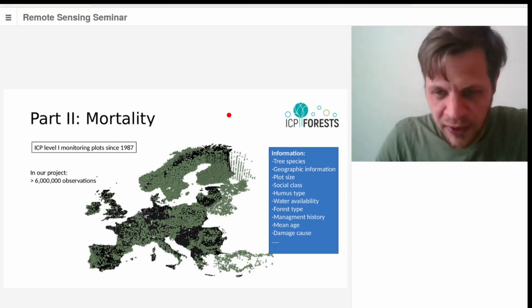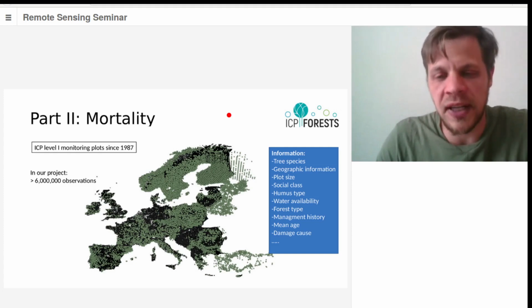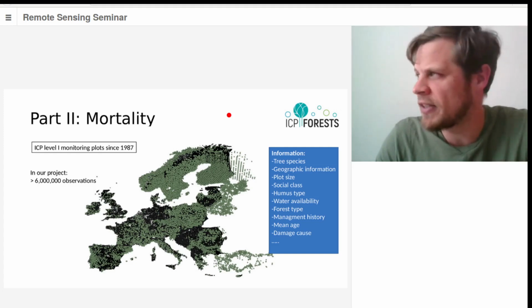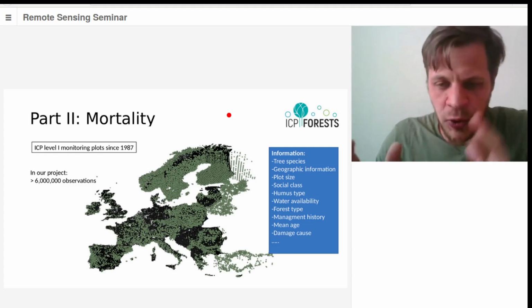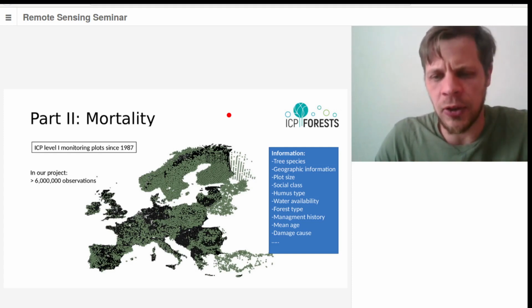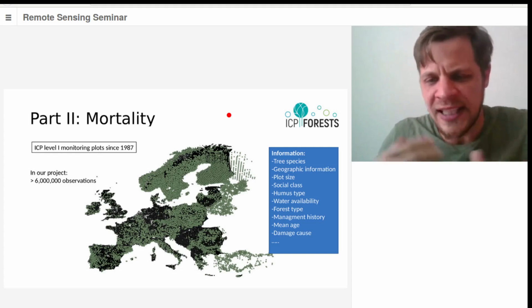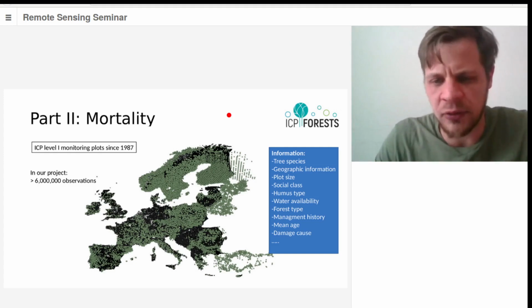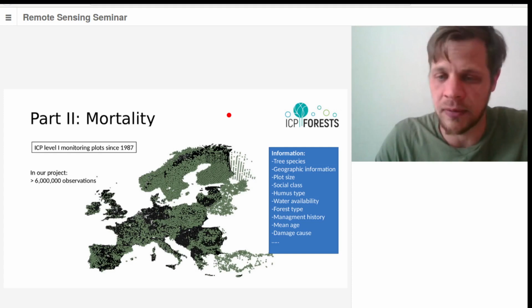But be aware that there are still many mistakes in the database, and you need to be skilled in programming, because this data is huge and can take a while to process. You don't get any cleaned data or clean products. What you get is raw observations, and what you make out of it is your own business.